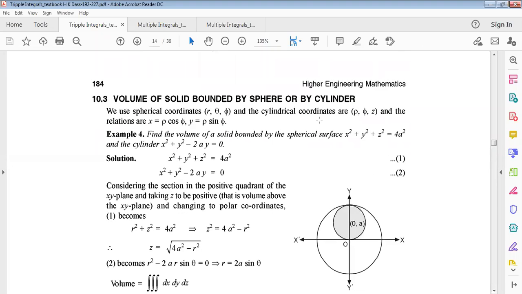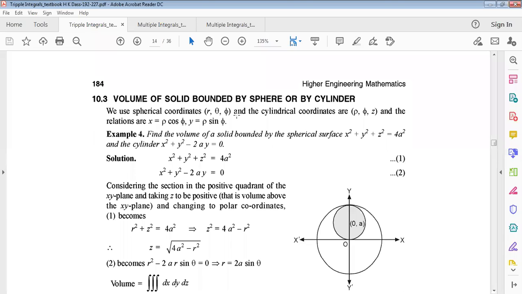Now, volume of a solid bounded by a sphere or by a cylinder. We use spherical coordinates r theta phi, and cylindrical coordinates rho phi z, remember it. But in Cartesian coordinates we must know x comma y comma z, right? That means there are three types of coordinates. One is Cartesian coordinates, along the x axis, y axis, z axis.